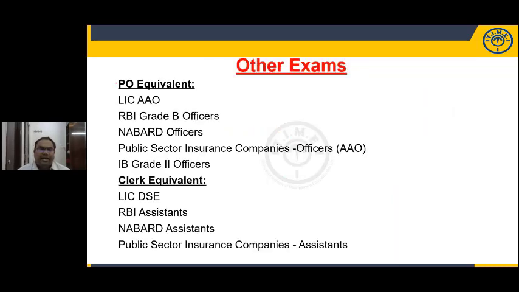If you prepare for bank exams, you can write a dozen exams. More or less, all these exams have similar features. More or less, the syllabus is the same, the exam pattern is the same.